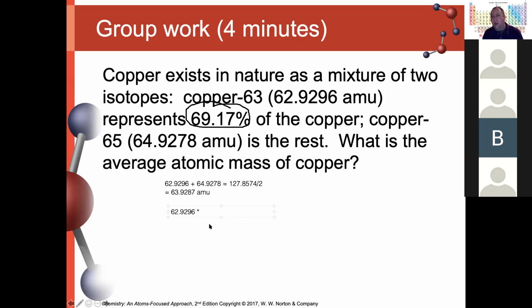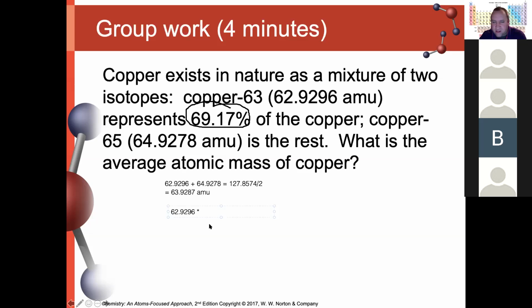Now, I'll tell you, there are two ways to go about this. I prefer to actually keep the percentages as percentages here and then divide by 100 at the end. The main reason I do that is for the majority of my students, converting the percentage automatically isn't something that happens naturally.